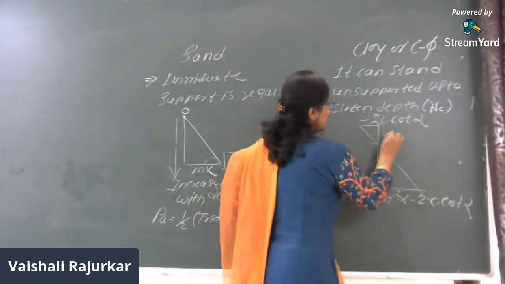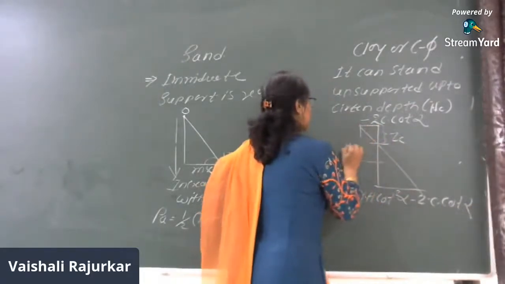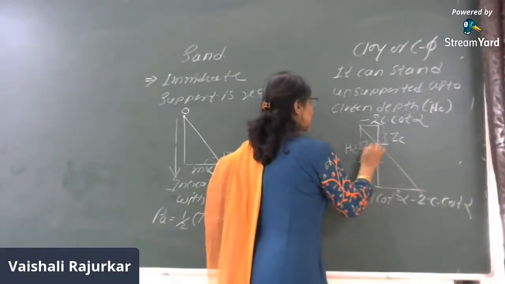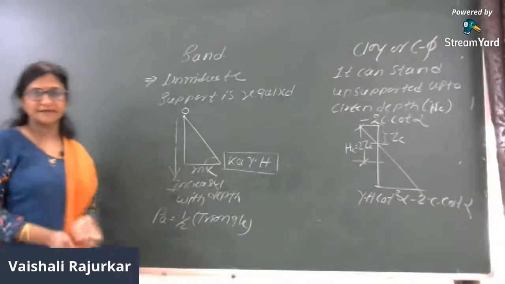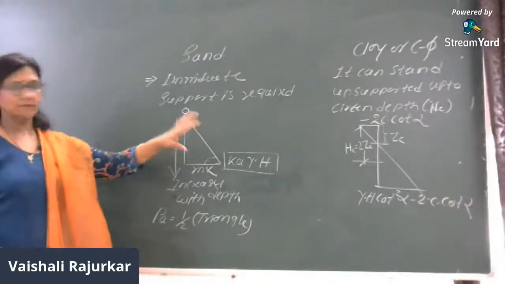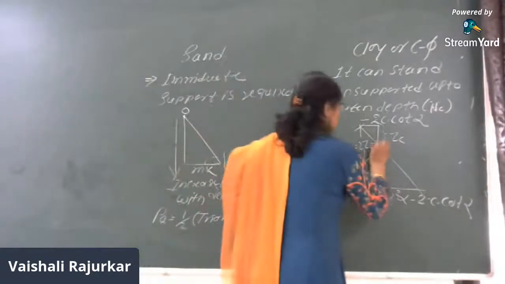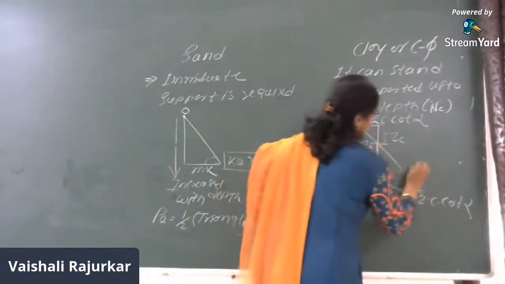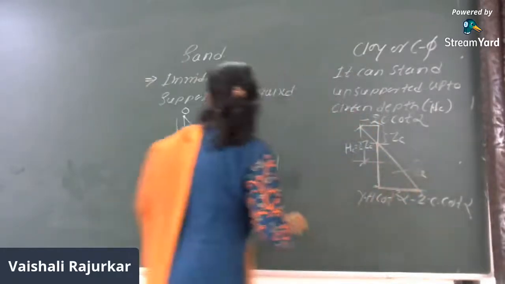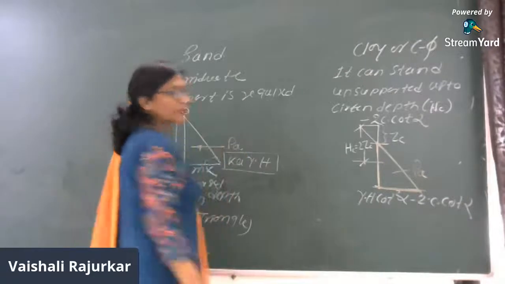This depth is ZC and HC is equal to 2 times ZC. Right? So this is the major basic difference between the sandy and clay soil. Here the area of the positive distribution diagram only we will take into consideration to get the value of P. Here we will consider the whole area to determine the value of P.